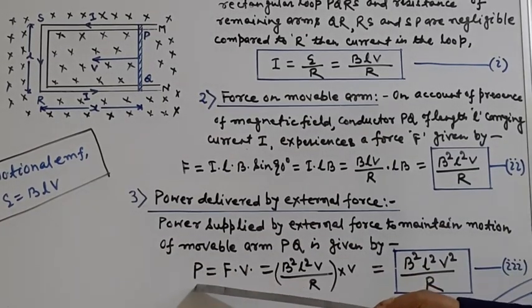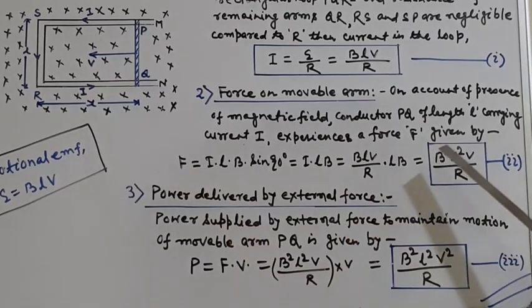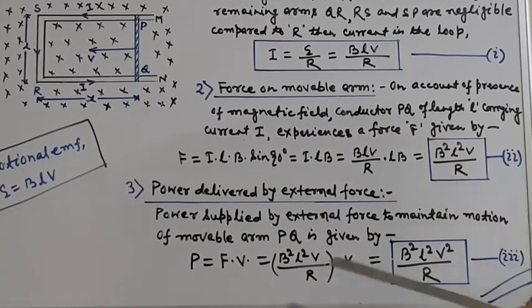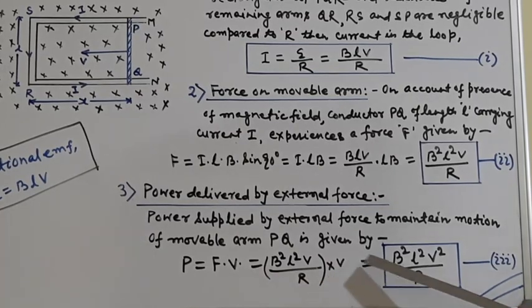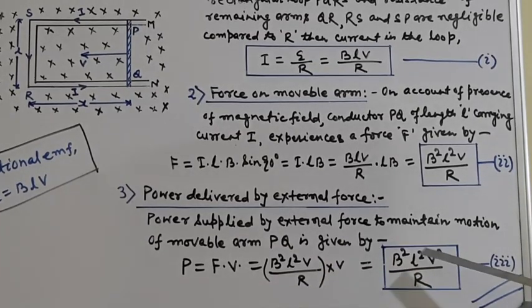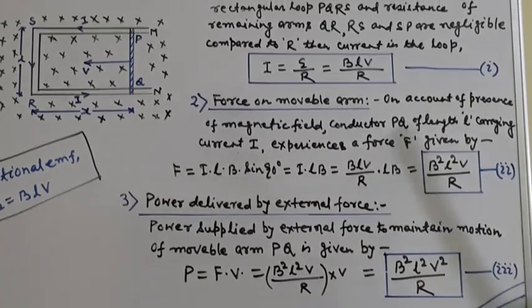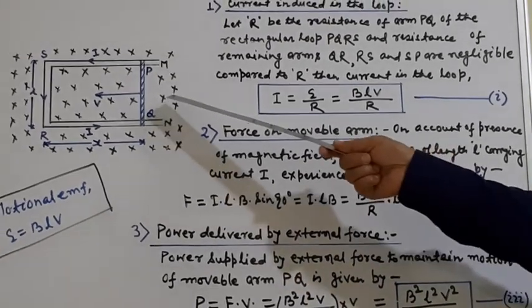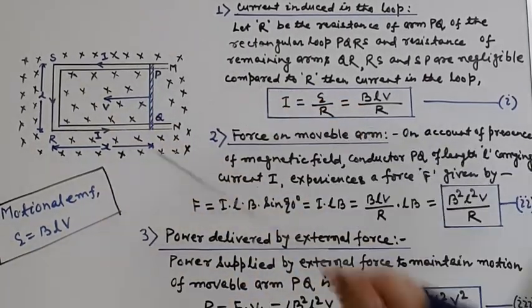The formula is power P equal to F into V. F is equal to B squared L squared V by R, put it over here, B squared L squared V by R into V, and this power becomes B squared L squared V squared by R.